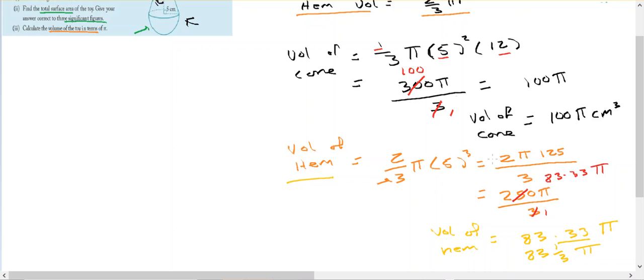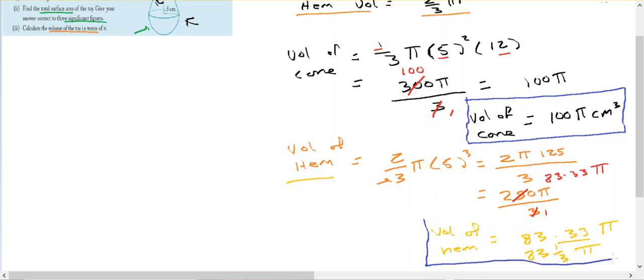Now what we have to do is get the volume of the total toy, which is made up of these two shapes. So we have to add both of these together. We're going to add this, which is the volume of the cone, and this, which is the volume of the hemisphere.